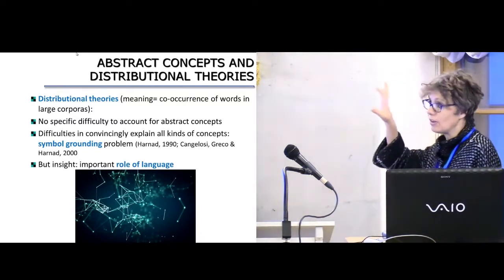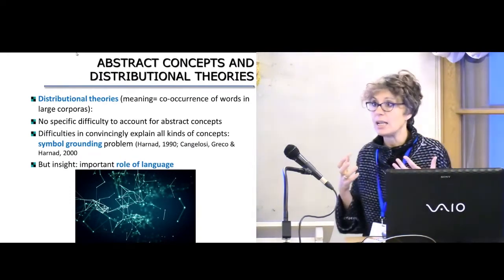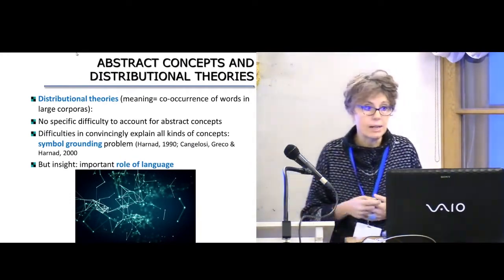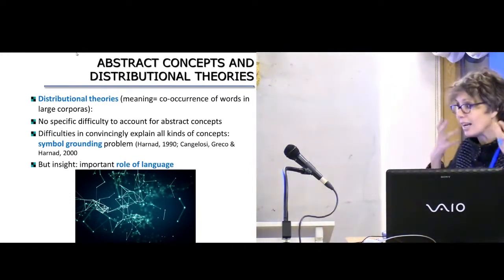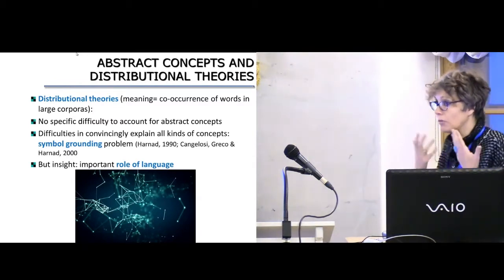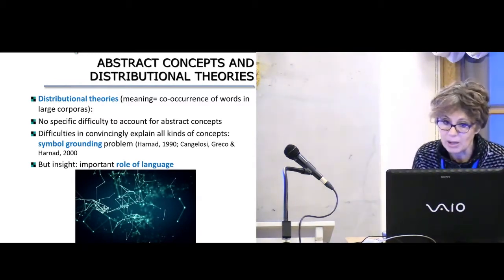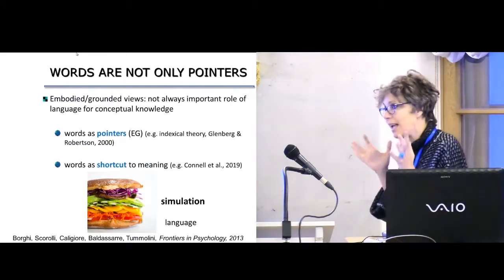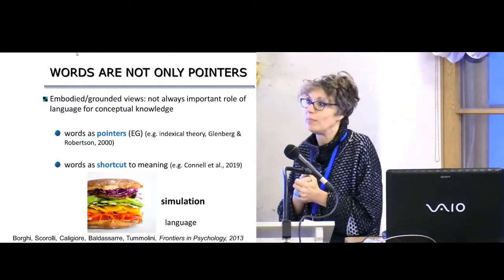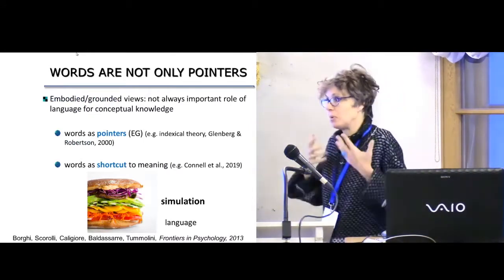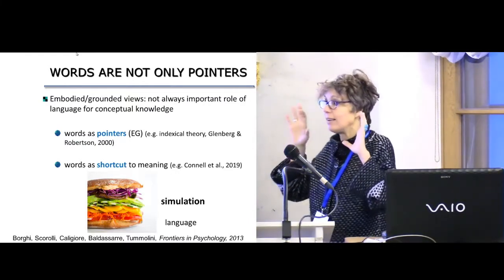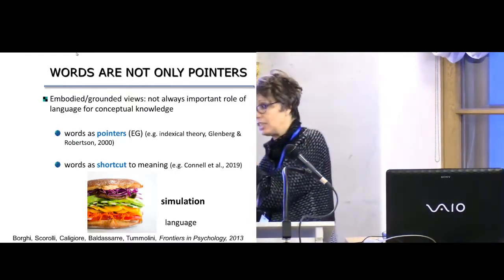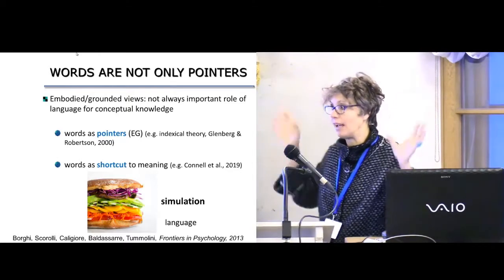But distributional theories have provided an important insight, which is that they have underlined the important role of language, whereas embodied theories sometimes have not underlined this important role of language. I intend the role of language for categorization. I don't intend the role of language overall.